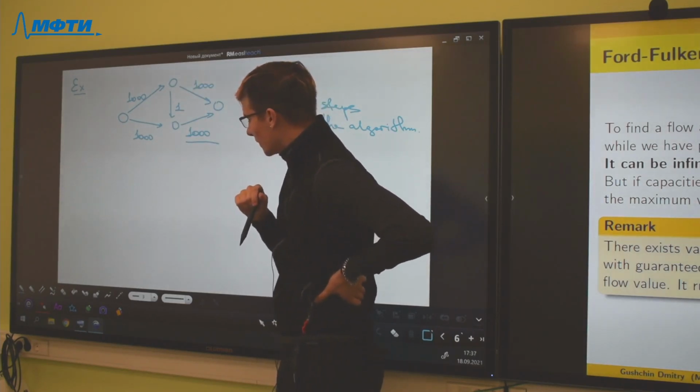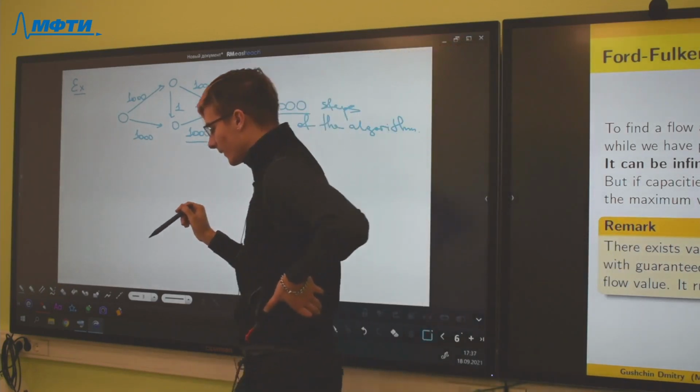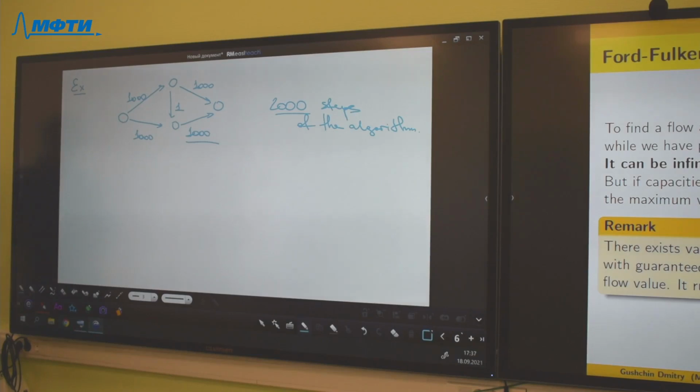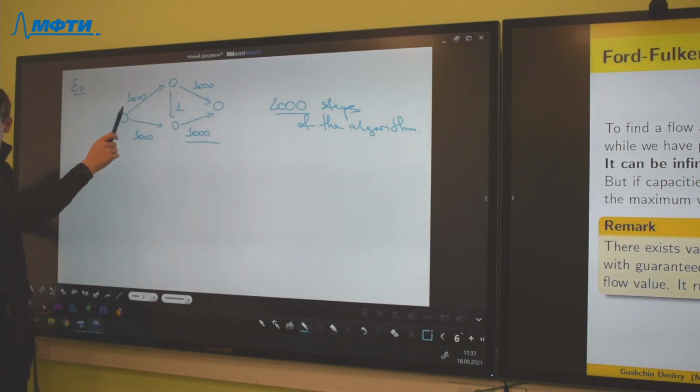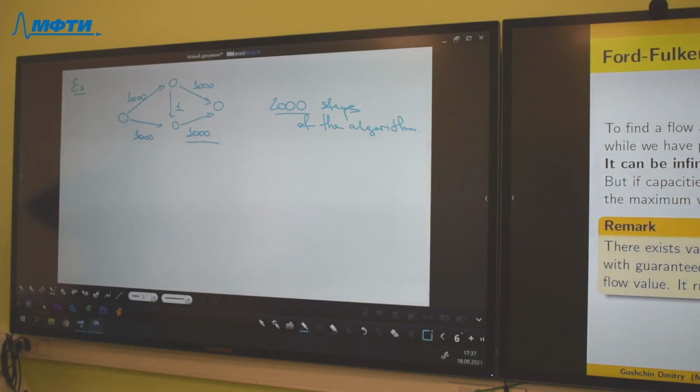So if we increase our flow with the augmenting path that goes through the middle edge, we can increase only by 1. Of course, if we get this augmenting path, we increase our flow by 1000, then increase by 1000, and we have 2 steps.